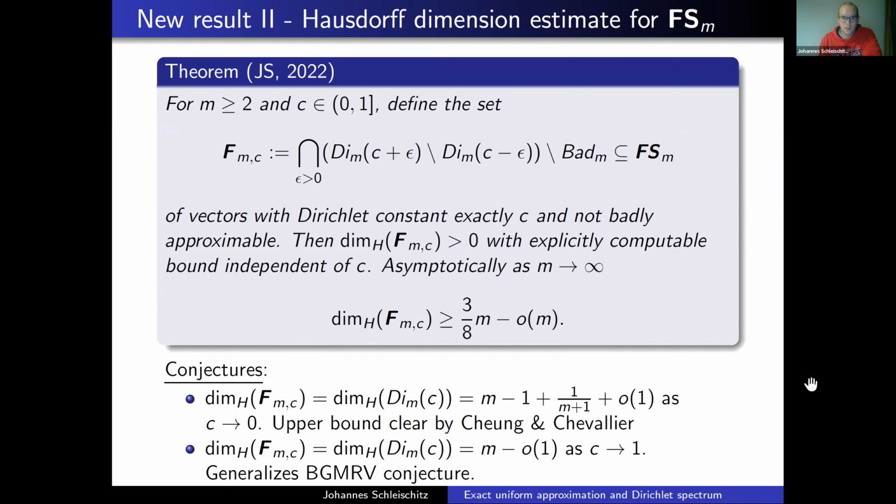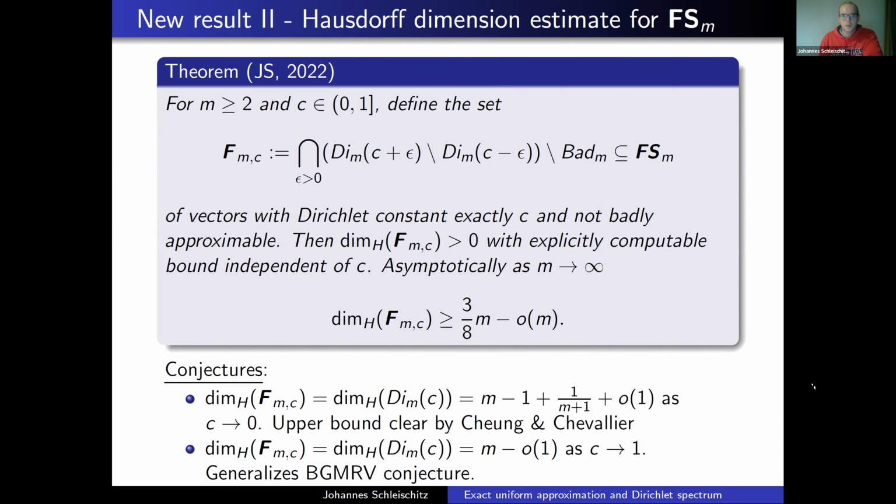So this would generalize this conjecture. To sum up, some Hausdorff dimension results, which are not as good as the packing result, but still at least positive and tending to infinity, though probably further away from the expected values.